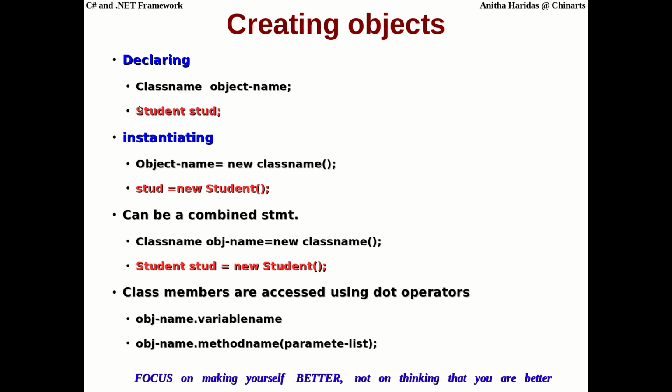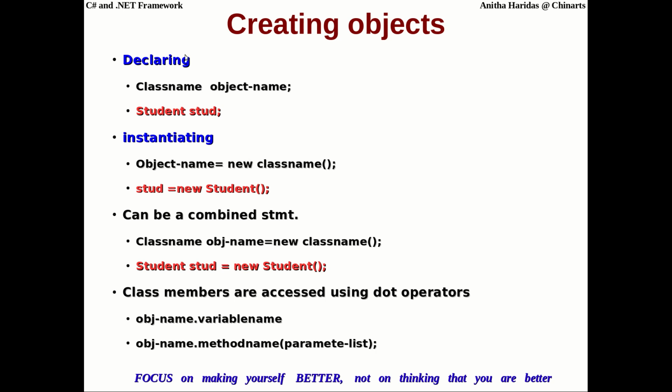Suppose you have a class called Student, then the class name and an object name must be given. If you want to instantiate, you have to give the new operator. When you are simply declaring an object, no memory will be allocated. Only if you instantiate an object, memory will be allocated.